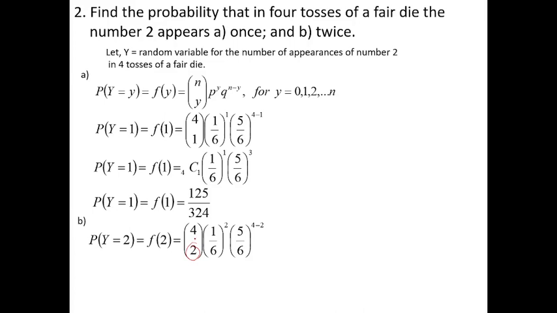Kasi the number 2 appears twice. So, kaya 2 yung y na yan. Okay? And then, 1 over 6 in every trial. Ito yung probability na lilitaw ay number 2. 1 over 6. Probability na lilitaw ay hindi number 2. 5 over 6. Okay? And then, we will arrive with an answer of 25 over 216.